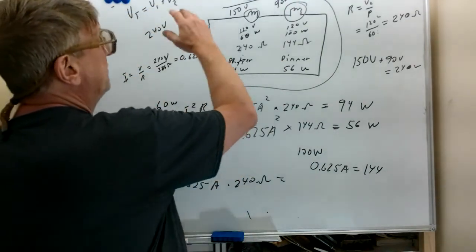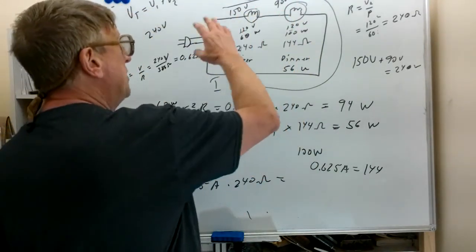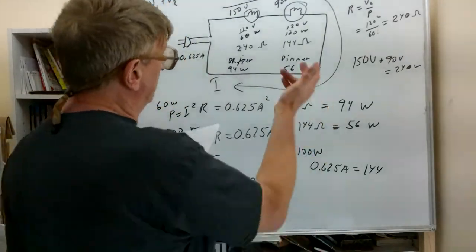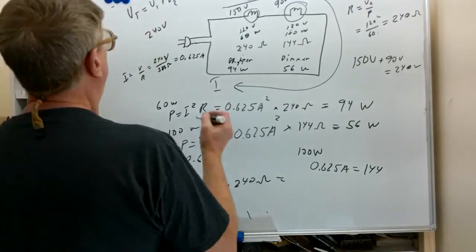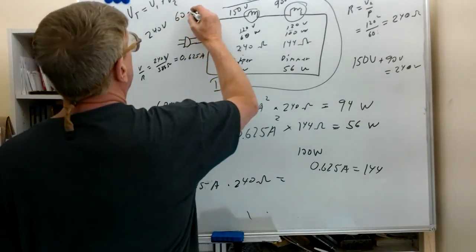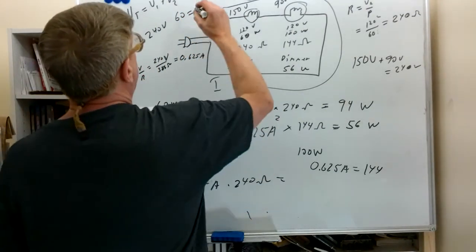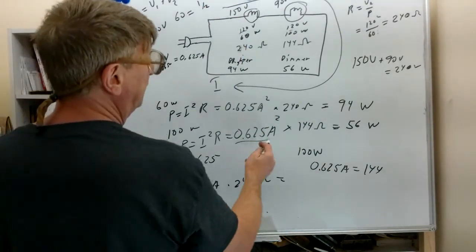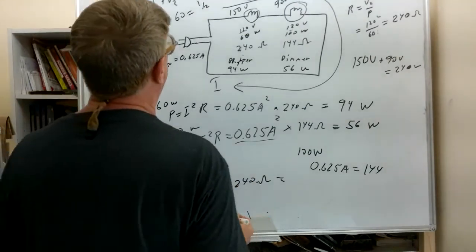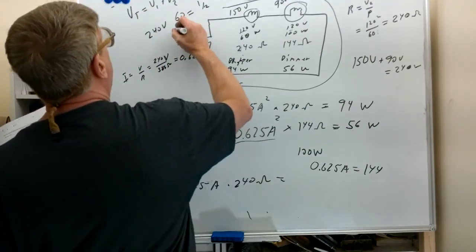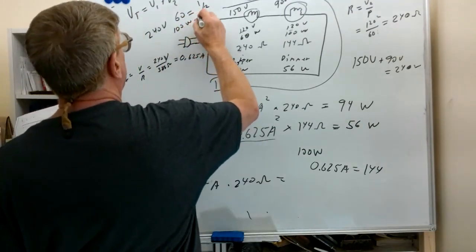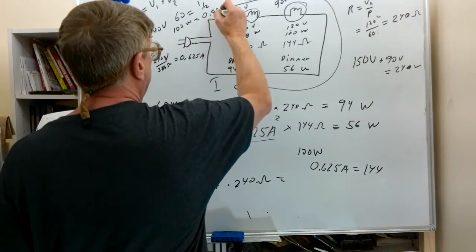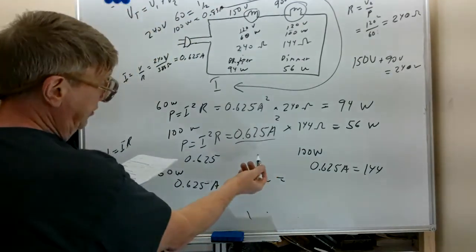So if you want to run loads in series, they need to be designed for the same current, which they were not. The 60 watt light bulb was meant to have a half of an amp, and we actually ended up with 0.625, which is a little bit more than a half of an amp, and the 100 watt is designed to have 0.83 amps, and we had 0.625, which was a little less.